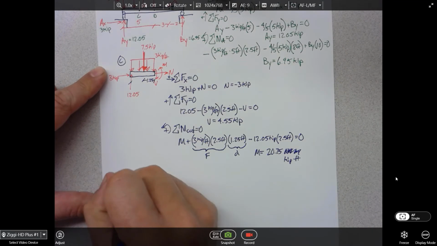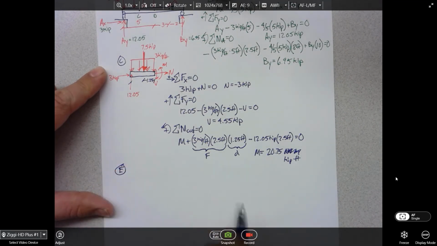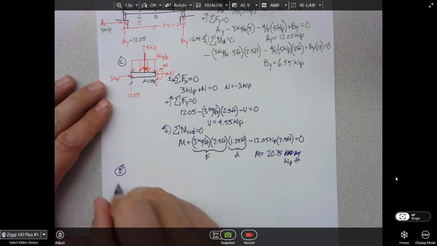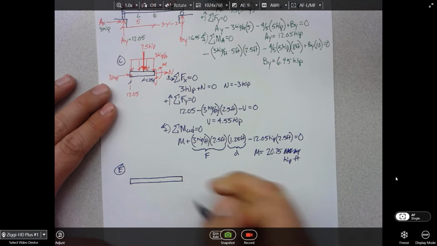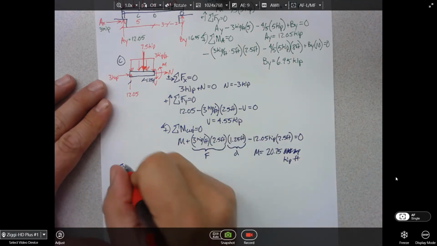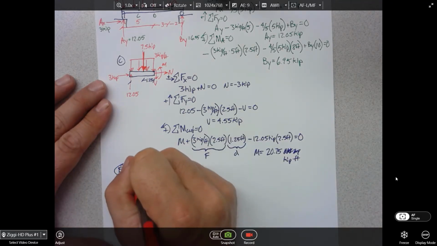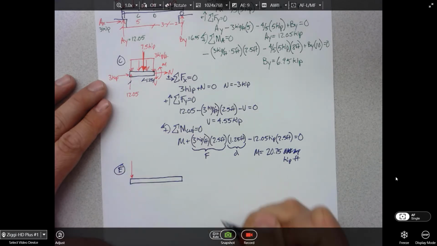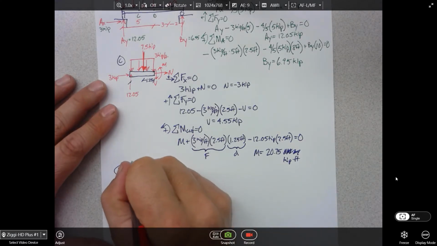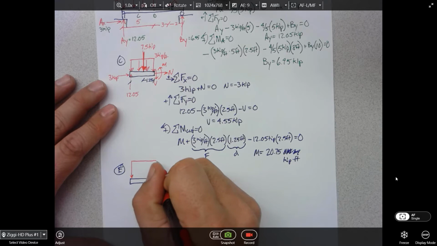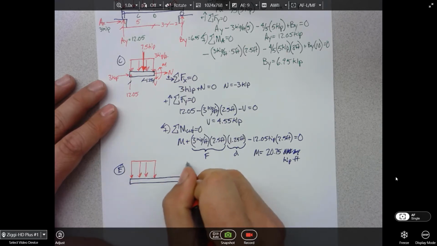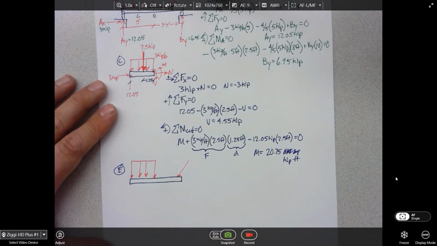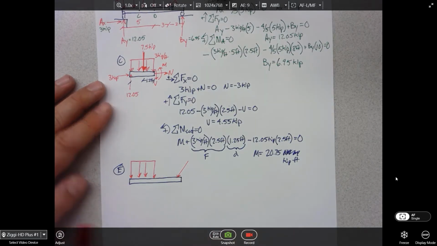Let's go ahead and look at E as the last. Let's skip D and just go straight to E. So there's one free body diagram.